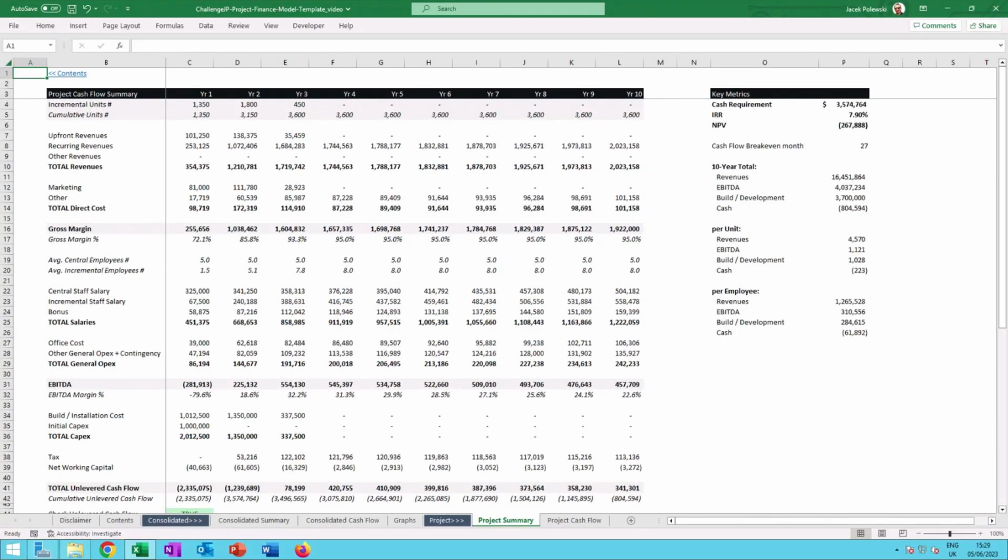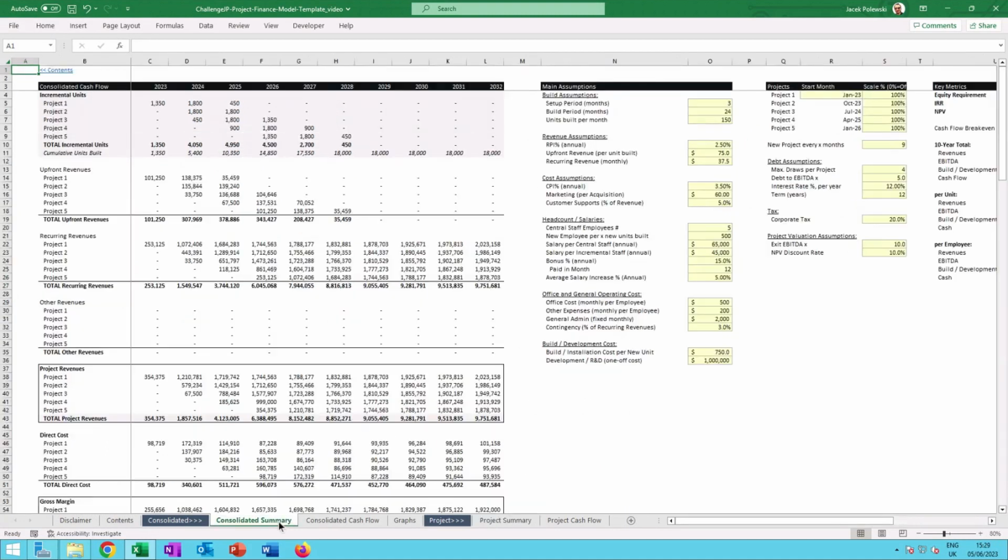Now let's look at how we can combine multiple projects into one consolidated view. So let's go to that consolidated summary sheet, where you can see that I have different projects. All I did in here, I took that one generic project that we just created, and I applied timing between those projects so that I spread them across the timeline.